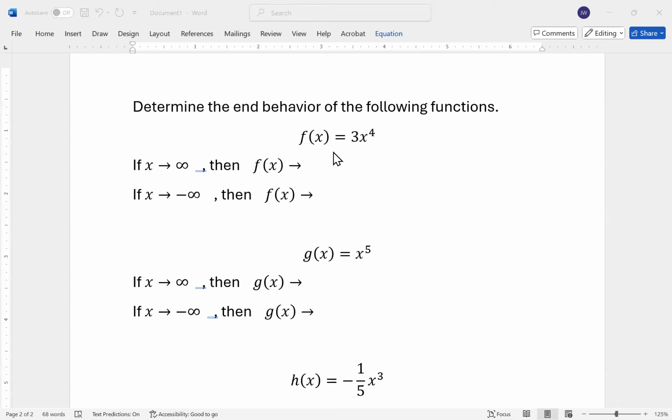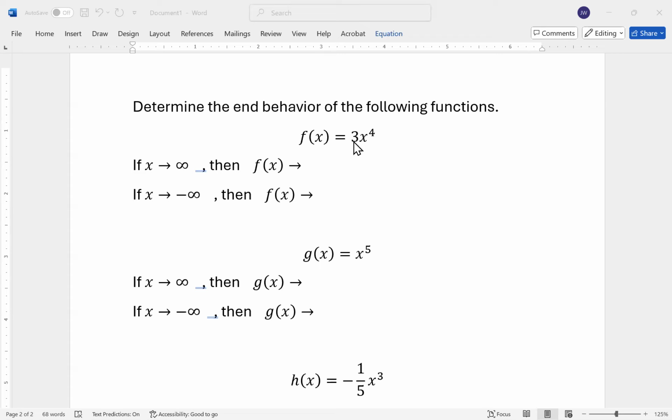Without having to graph these by hand or by technology, I can see that this f of x has an even power, so a positive, even integer as the power. And my coefficient is positive.